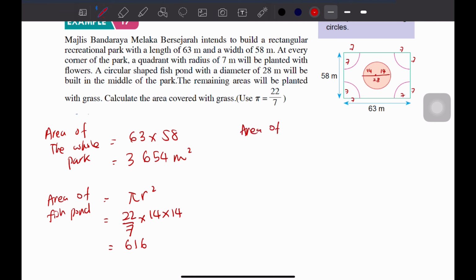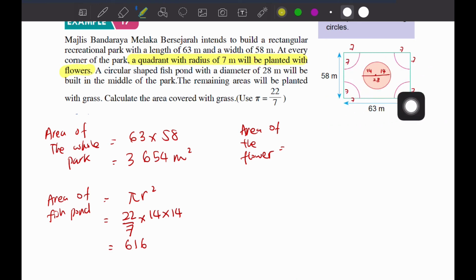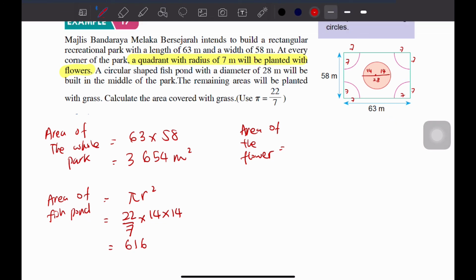Next, what else? Area of the flower. Over here it mentioned that a quadrant with radius 7 will be planted with flowers. So we have 4 quadrants. If you combine these 4 quadrants, it is actually a circle with radius 7.